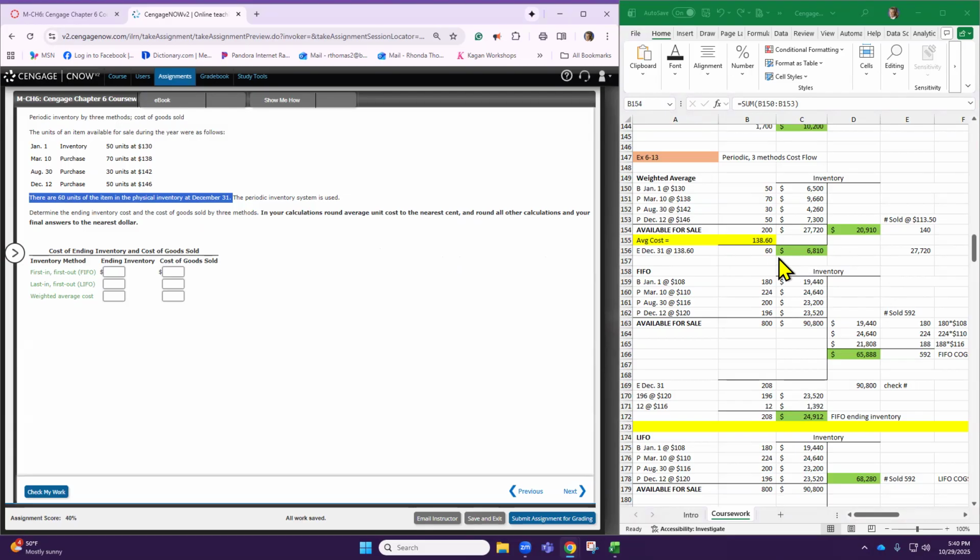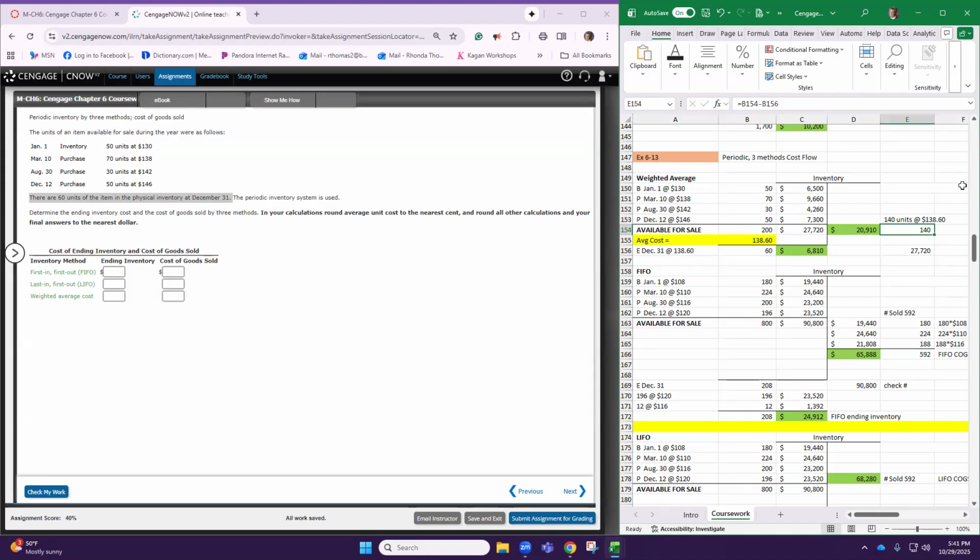Okay, so if you have 200 units and you have 60 remaining, that means you sold 140 units at that cost of 138.60. So we're selling 140 units at, once again, 138.60.